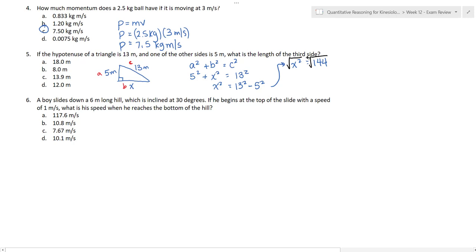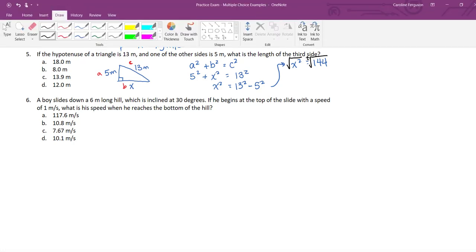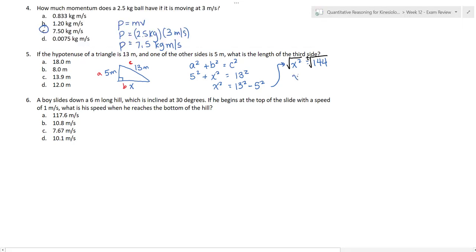And then I should put a little plus or minus here. So now I get X equals the square root of 144 is 12. Now there's that plus or minus, but we're talking about the length of a side of a triangle, so there's no such thing as a negative length. And the units here are meters because that's the units of the lengths of my other sides. So the answer is 12 meters, so that would be D.